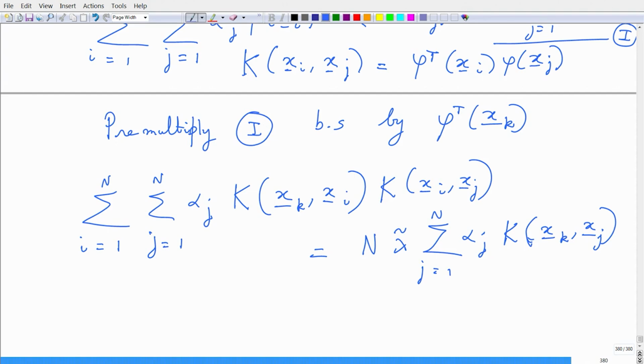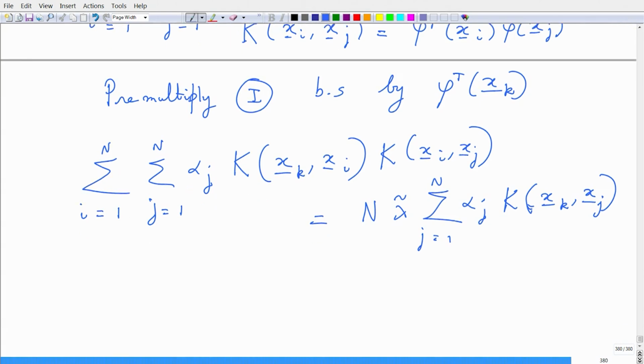The n by 1 vector alpha has a jth element which is alpha j, and I can figure out the alpha j from my alpha vector by picking out the jth coefficient. So this is straightforward. There are some interesting points here.